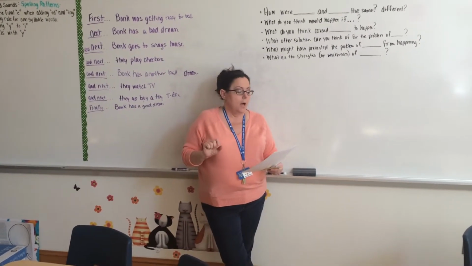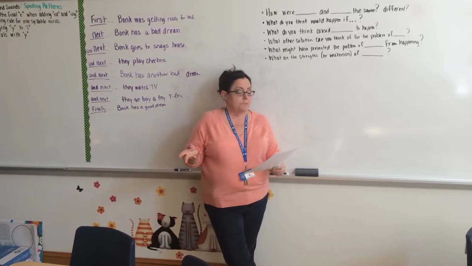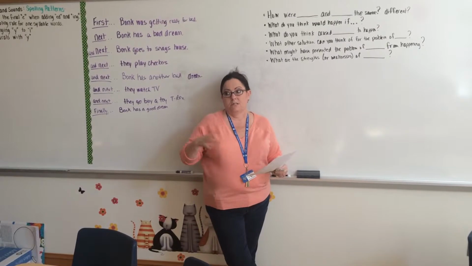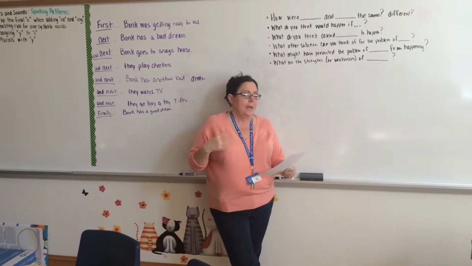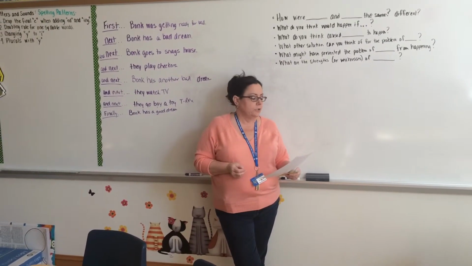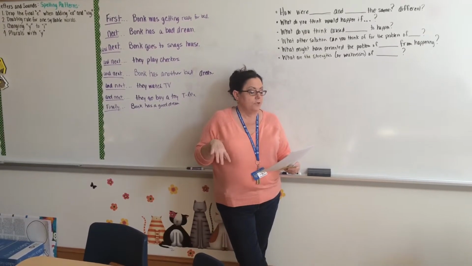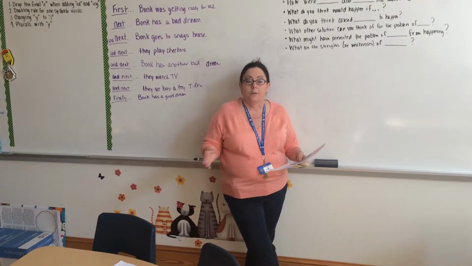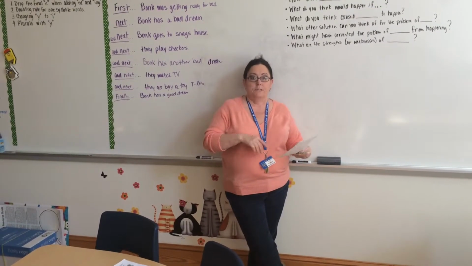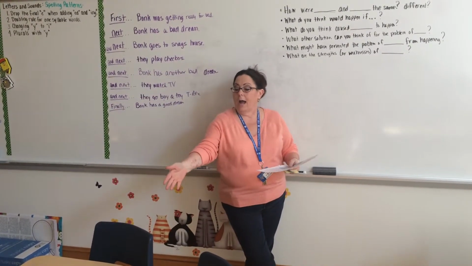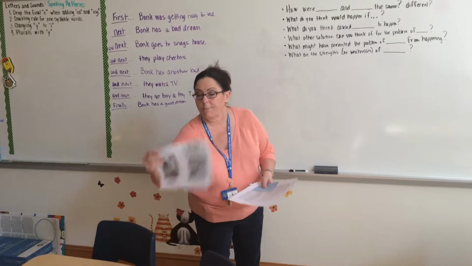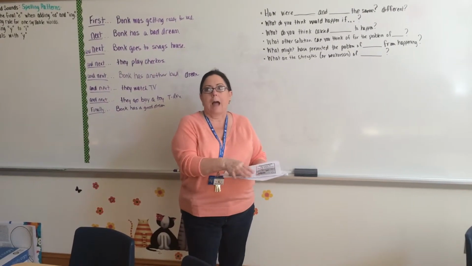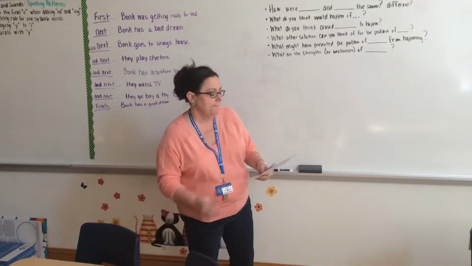Then have them share their responses with each other for about a minute, and they can talk about the book, this is what I think the book will be about, and delve into that prior knowledge. Then have them write predictions about things they already know. So they can write, this is what I already know about having dreams. We're still talking about Bonk's Bad Dream. This is what I know about having bad dreams, or this is what happened when I had a bad dream.